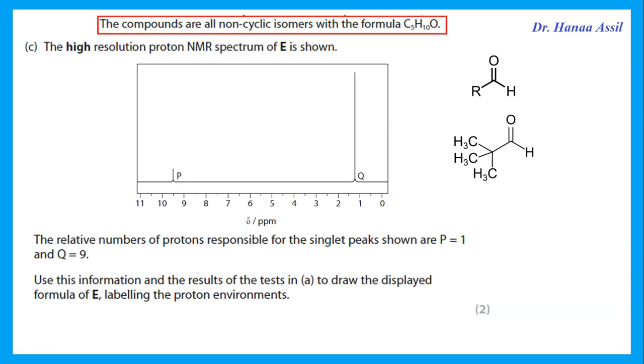He wants the displayed formula, and he wants me to label the proton environments. So the one he called P, that's the H of the aldehyde, and all the other hydrogens are the one at Q. Can you see how we labeled it?